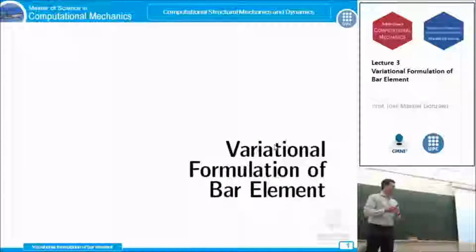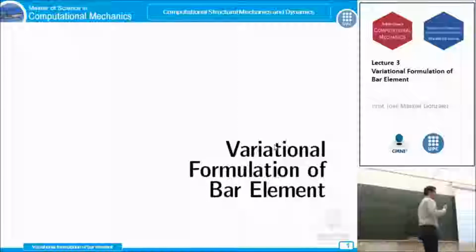We are going to present this variational formulation using simple elements, just to make it more and more complex every time, so that you understand the advantage of this formulation.